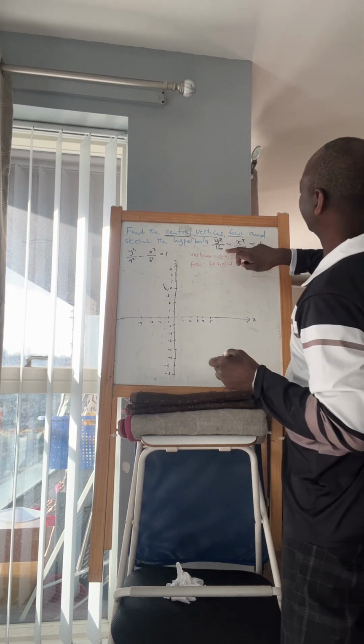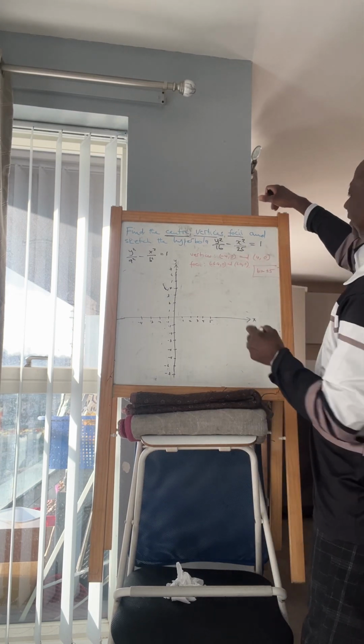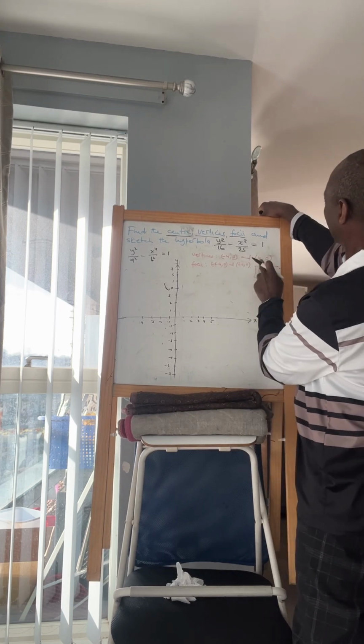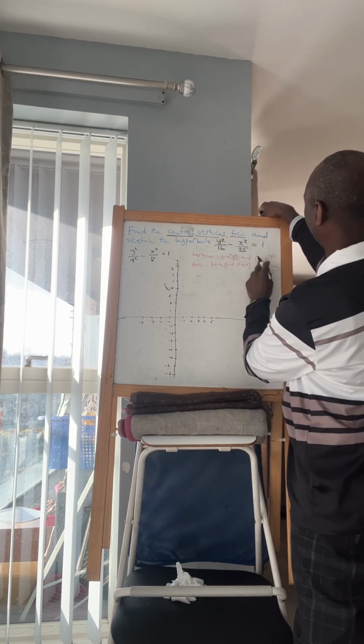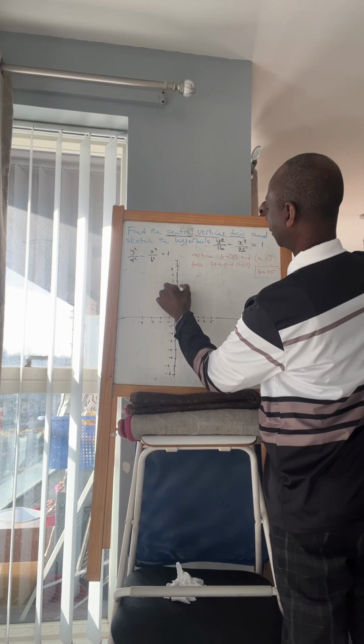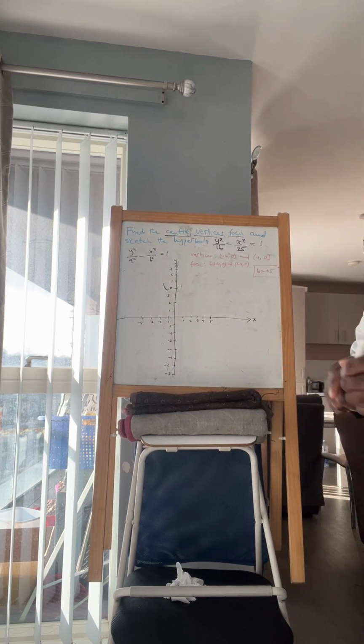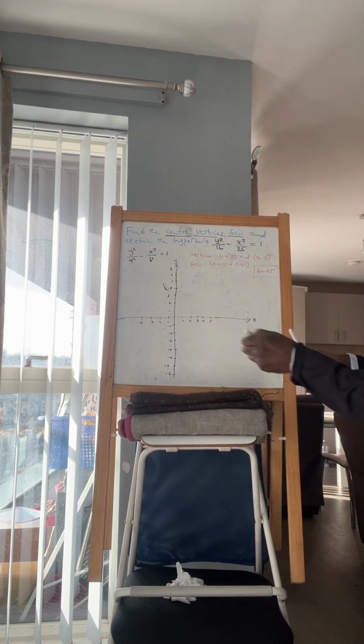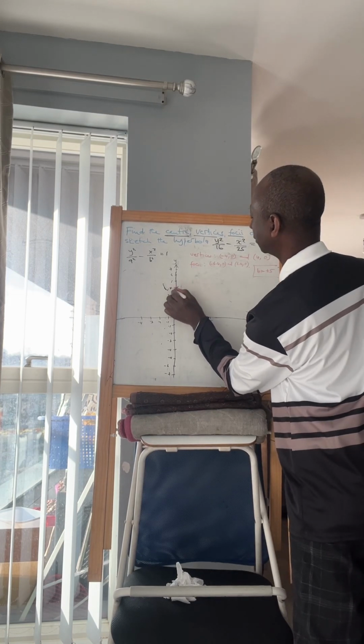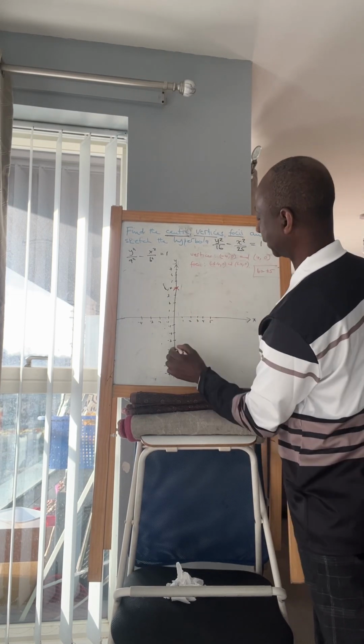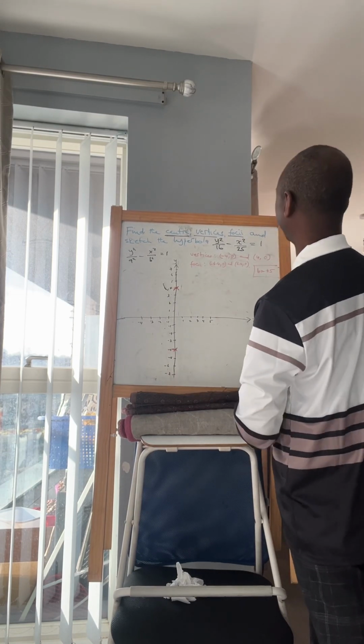We have our a in this case as 4. Let me use a different marker. We have 4, 0 here and minus 4, 0 here.